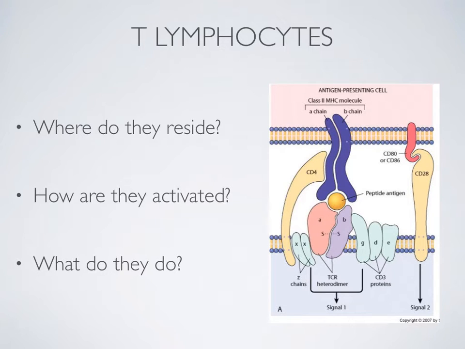So those B cells that are circulating in your body all the time are looking for antigens that will trigger that B cell receptor. Now, if you find an antigen and it binds to that B cell receptor, what happens? What happens to the B cell?